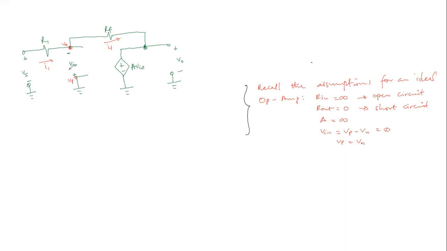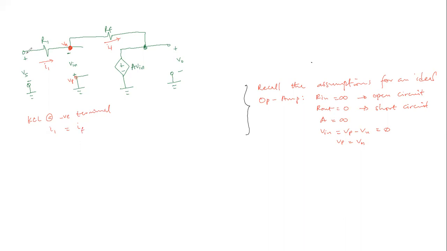So if we write KCL at the negative terminal, at the inverting terminal, then we'll observe that at this node, at the negative terminal here, I sub 1 flows in and I sub F flows out. So KCL at the negative terminal will give us I sub 1 is the same as I sub F. That is, the current flowing into the node is the same as the current flowing out of the node.